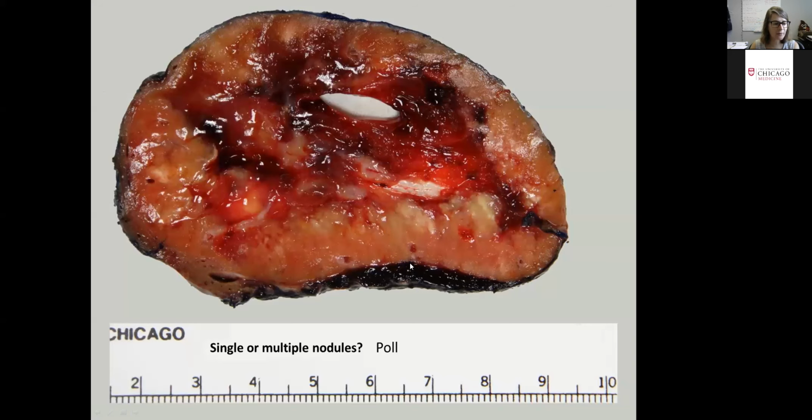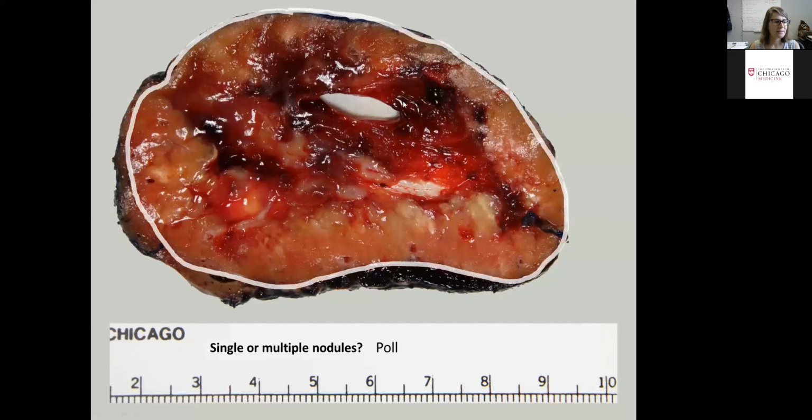Background thyroid that is non-neoplastic, non-lesional, tends to be very homogeneous and brown, sometimes lighter and sometimes darker. But really, if you can draw a smooth border around a pushing shape, to me, that's a single nodule. The center has cystic degeneration, the center has hemorrhagic change, but arguably to me, this is a single nodule.